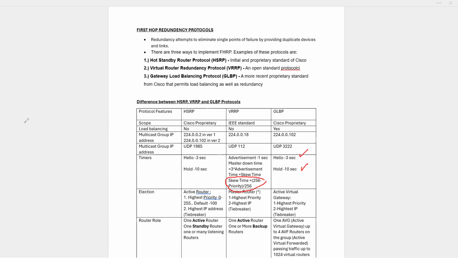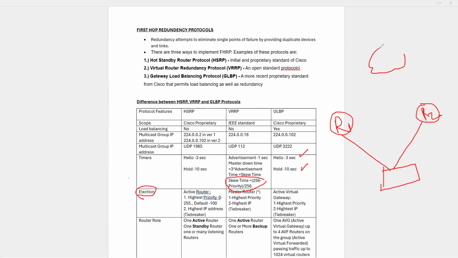Now move to the election process, how they will elect. Here we have R1, the customer edge router, and this one is R2, and this is our LAN network they are communicating with, and this is the ISP. How will they elect which one is the active router and which one is the standby router?